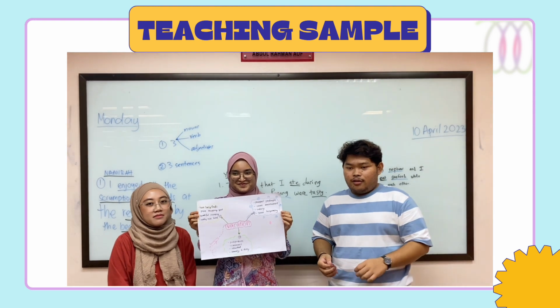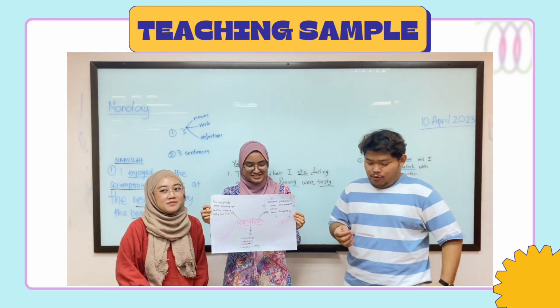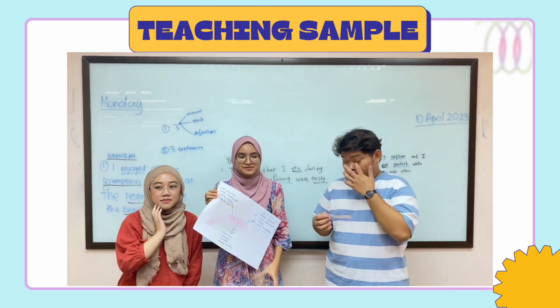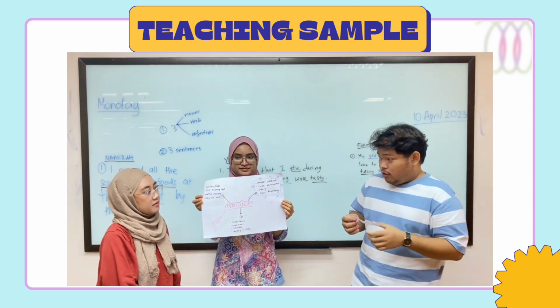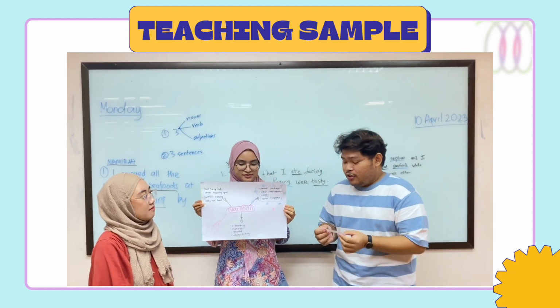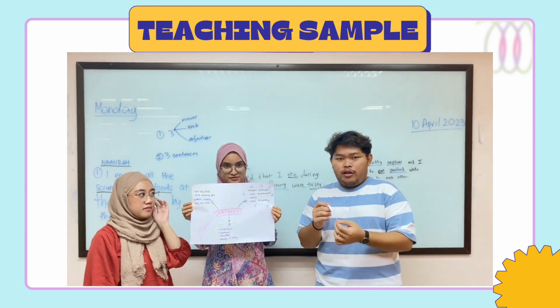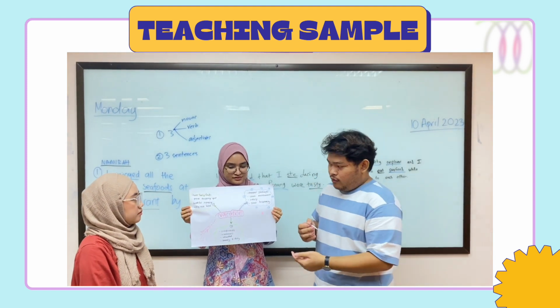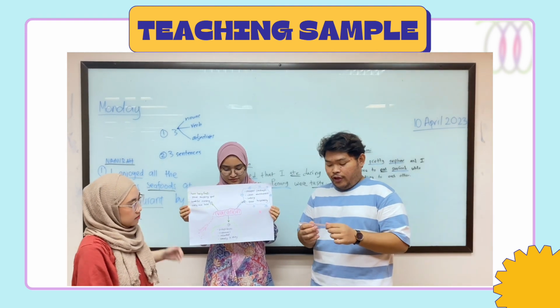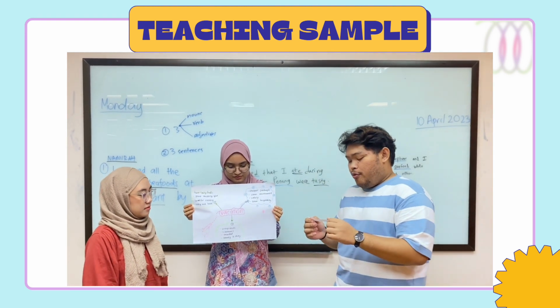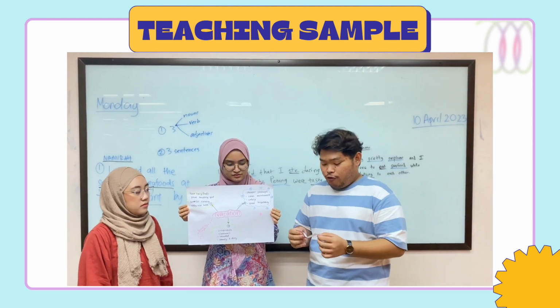Hi. Today we will be presenting our topic, which is vacation. Sir Syed has prepared some questions for us to answer, and we've made a mind map for it. So the first question is, what is an ideal vacation spot for you?